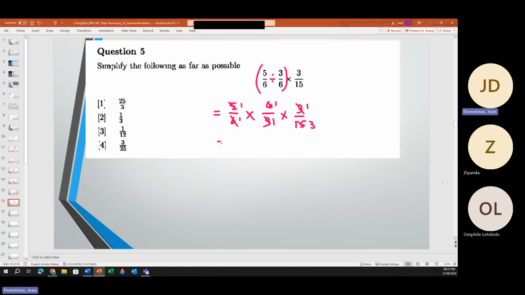So then at the top, I've got 1 times 1 times 1, which is 1. And at the bottom, I've got 1 times 1 times 3, which gives me then 1 over 3, which is option 2. Okay, so that is a way we can simplify it.